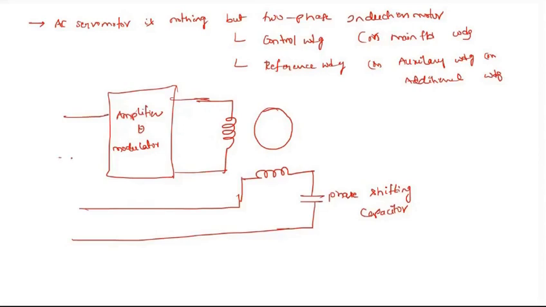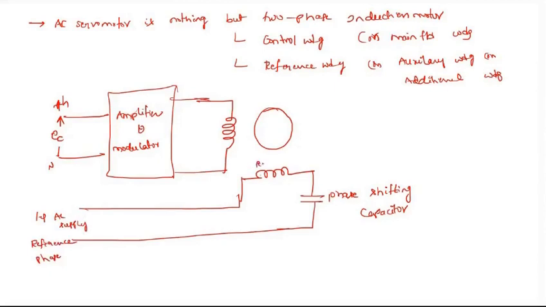Here the input is simply Ec, the control signal, plus phase and neutral. Here also we will take a single phase AC supply, which is nothing but the reference phase, because this supply is going to be given to the reference winding.